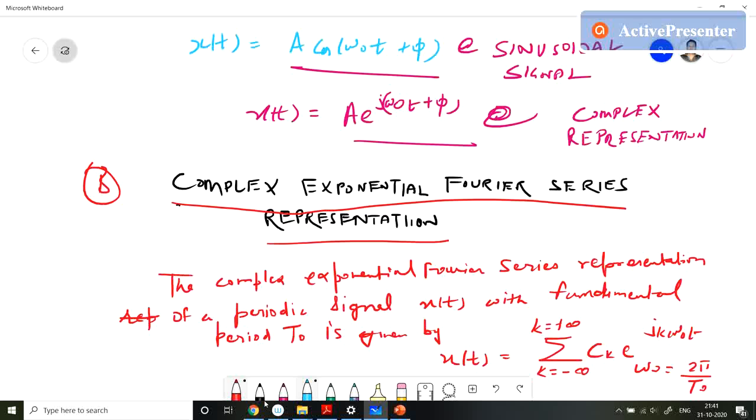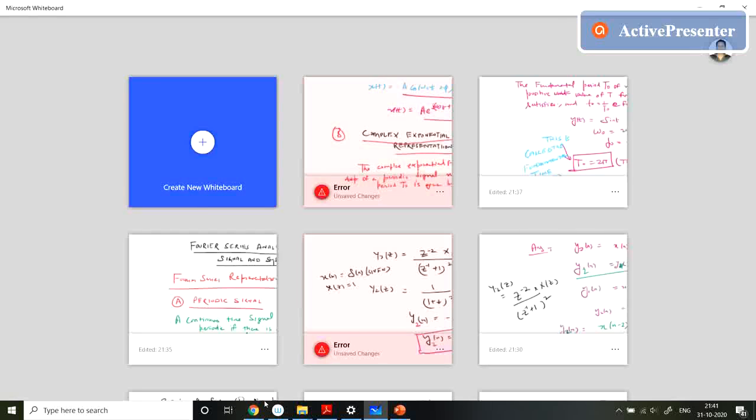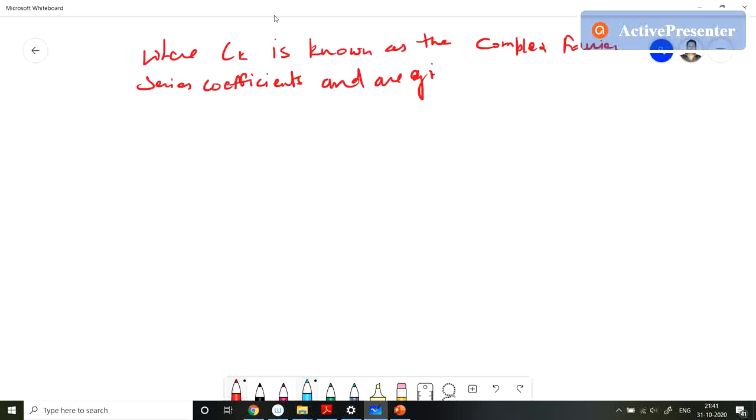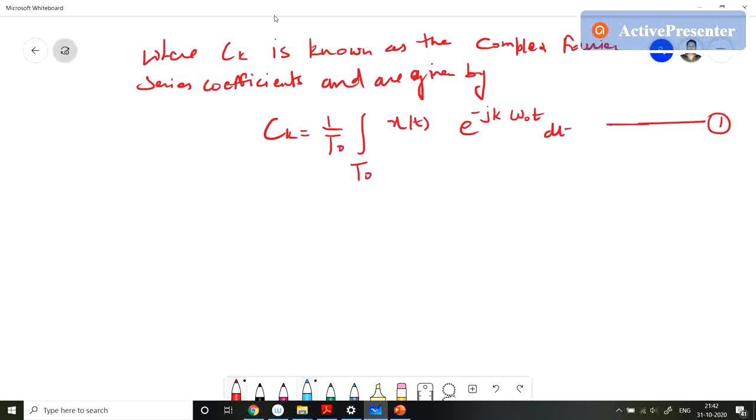Here c_k is known as the complex Fourier series coefficients, and they are given by c_k = 1 divided by T naught integral of x(t) e raised to the power minus j k omega naught t dt. Let this be equation number 2.